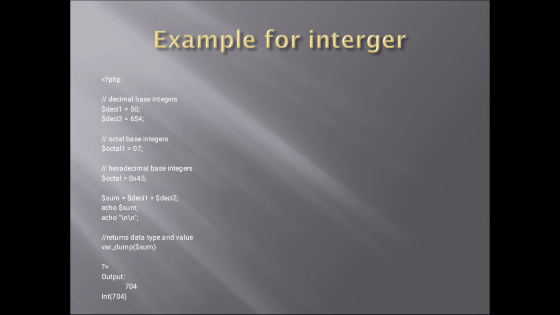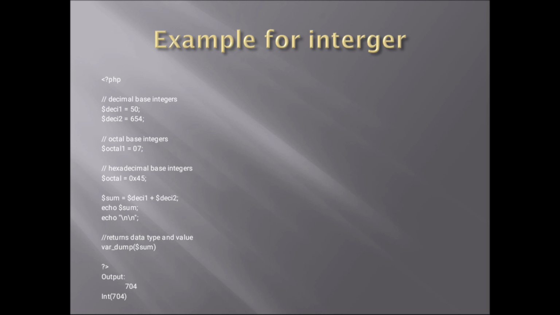The dollar symbol, we always put in front of a variable name. So dollar deci 1 for decimal 1, and decimal 2, with some numbers. We can give any decimal numbers.